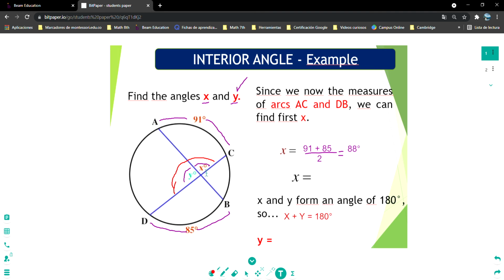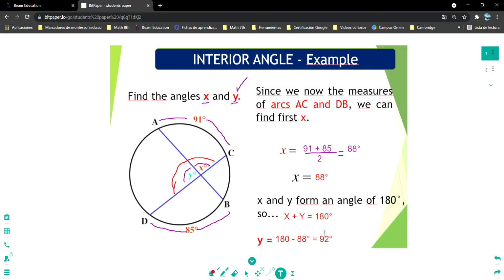So if we already found the angle X, which is 88 degrees, how can we get the angle Y? We just subtract 180 minus 88, okay? Because the addition should be 180. And that will be 92 degrees, okay?